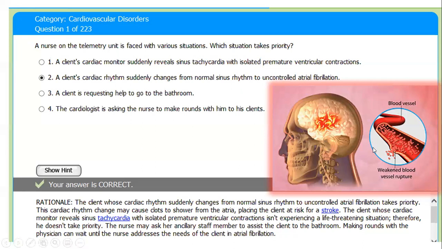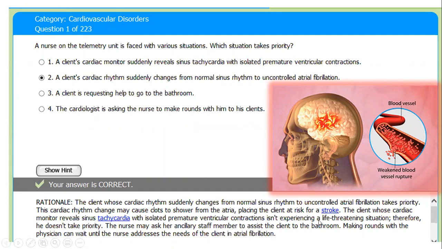This can be a ruptured or weakened blood vessel, or blocking or clot formation in the brain. A stroke prevents brain tissue from getting oxygen and nutrition, and this causes damage in the brain.